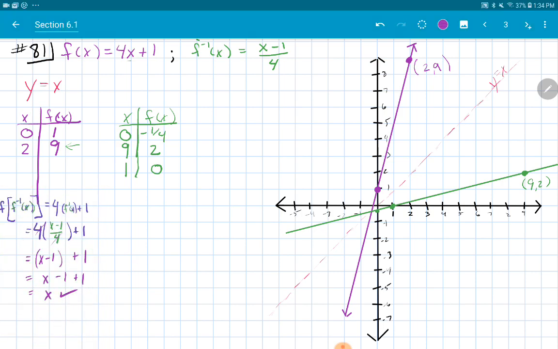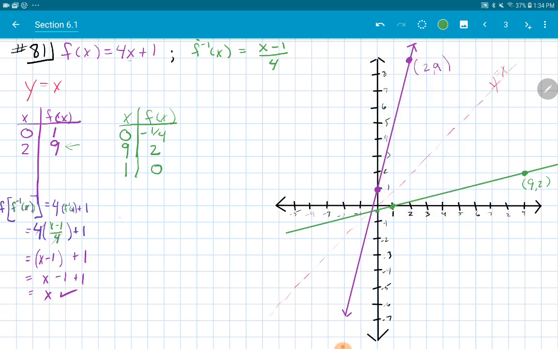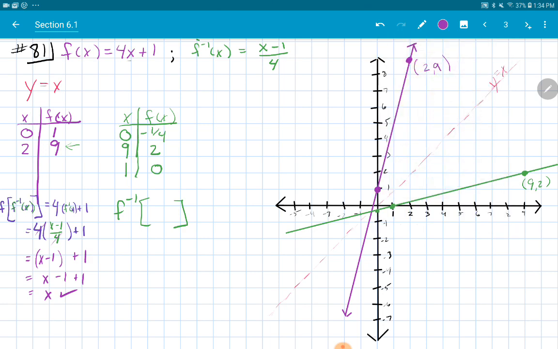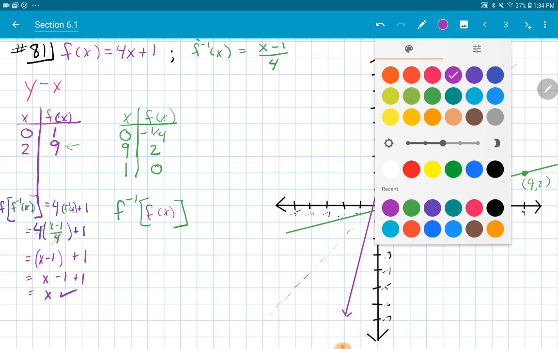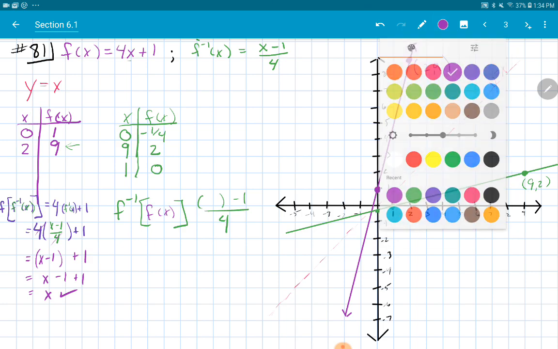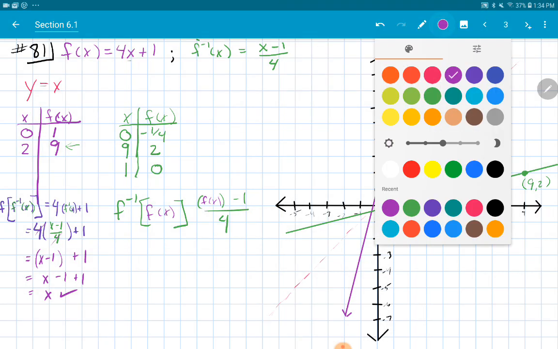Okay, now let's find it the other way. I'm going to take f inverse of, and instead of x, I'm going to write f of x. So f inverse is x minus 1 over 4, but instead of x, I'm going to write f of x.